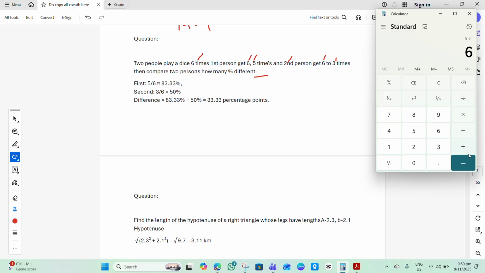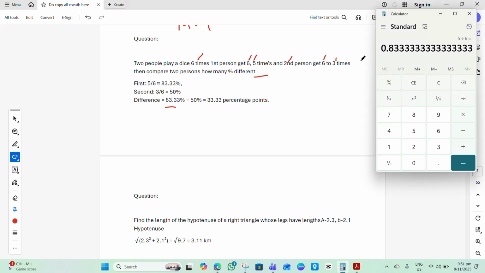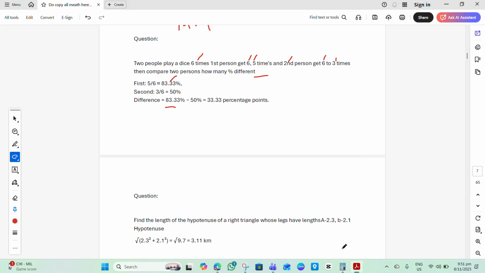5 divided by 6. So this one comes in one part, then another part comes in, then together we have the subtraction, 83 and 50. So together 0.83. Okay, correct.